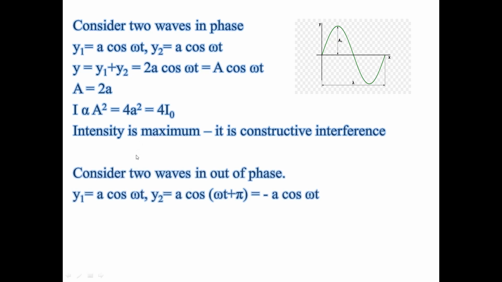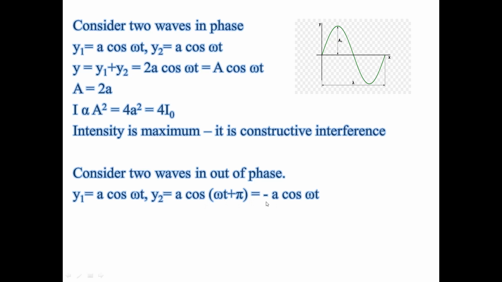Now, let us consider two waves which are out of phase. Let y1 is equal to a cos omega t and y2 is equal to a cos omega t plus pi, a phase difference of pi in between the waves. So, they are said to be out of phase. Cos 180 plus theta is minus cos theta.